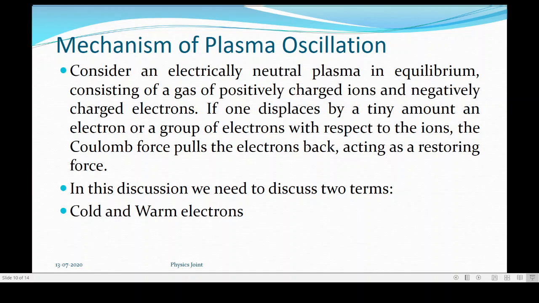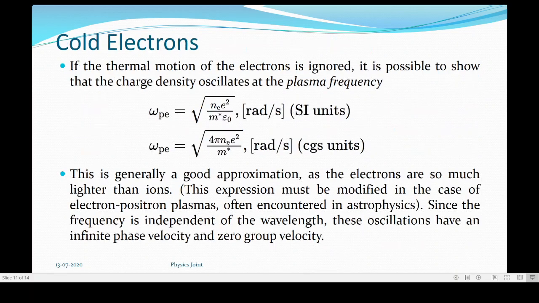In this discussion, we need to know two terms, the cold and the warm electrons. Well, if the thermal motion of the electrons is ignored, it is possible to show that the charge density oscillates at the plasma frequency. We have given this expression in both units, SI and CGS, because many times we will have a set of equations given in the CGS form as well.